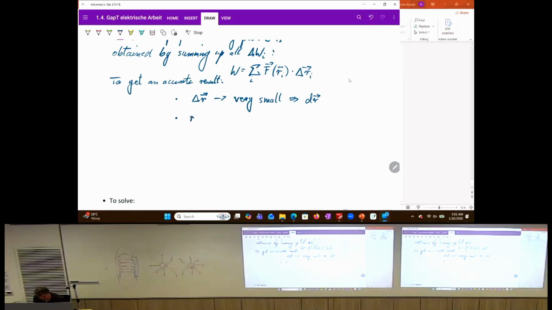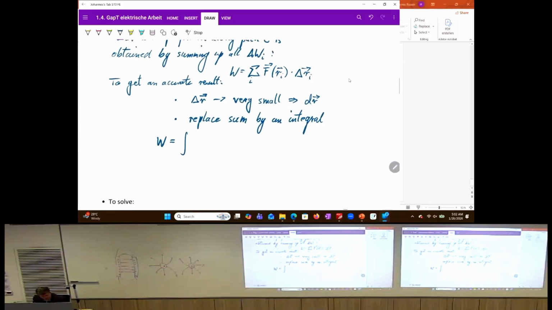And this means we replace the sum by an integral, and that means our work becomes the integration of F of r over dr. And the integration follows the curve P from P1 to P2.